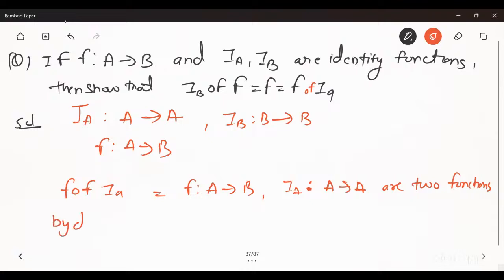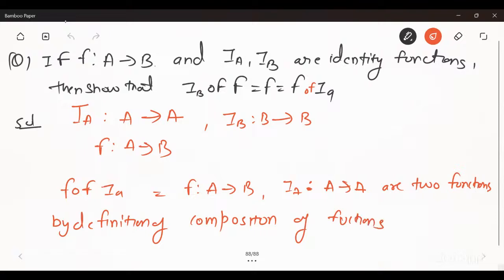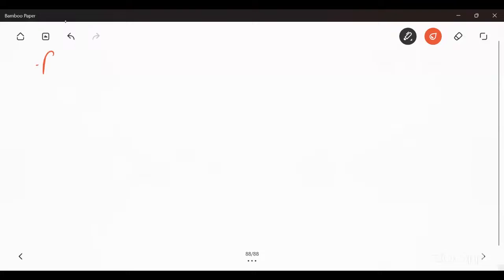So by definition of composition of functions, F of IA is also a function from A to B. Okay.